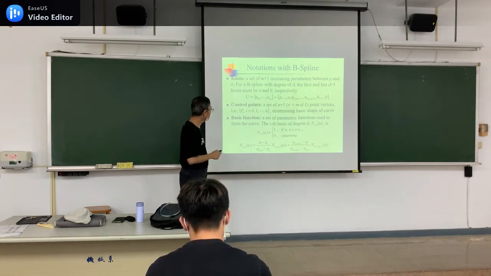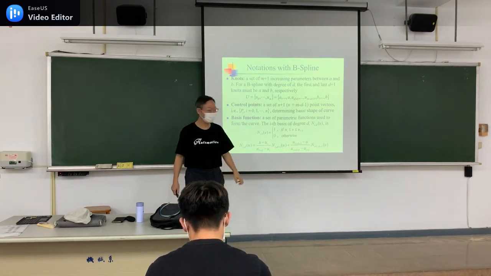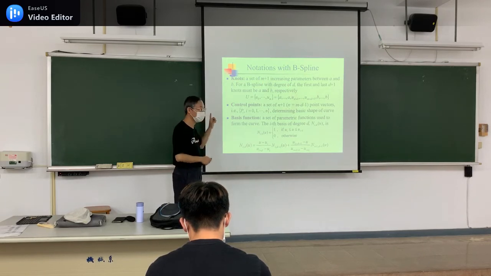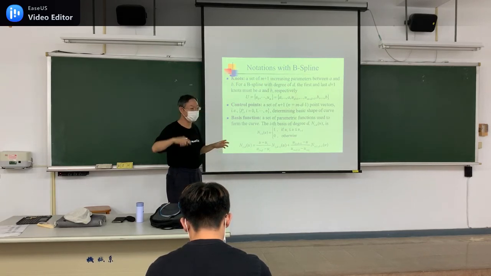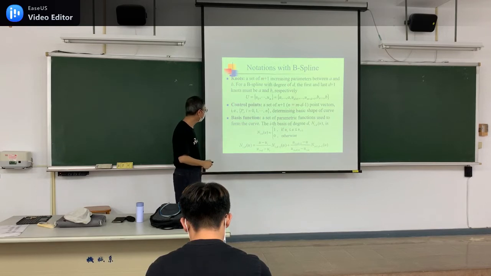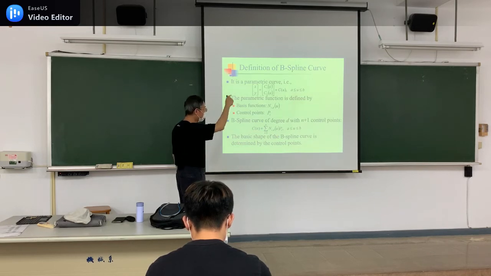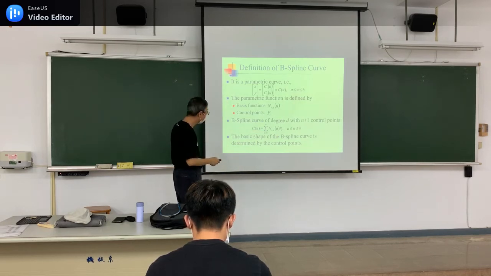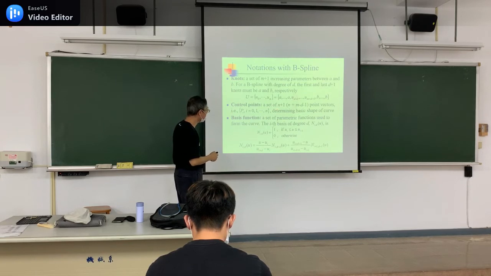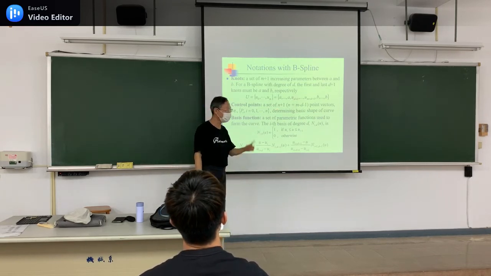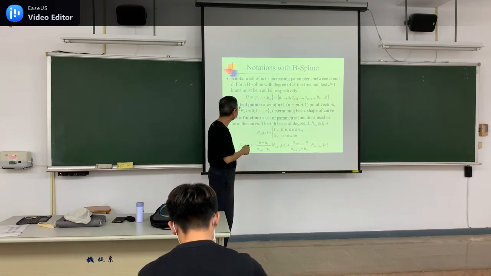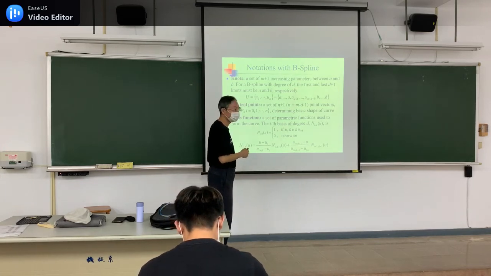n, m, and d. Usually, we will choose control points first to form the basic form, the basic shape. To form the basic shape, we take several control points. So this is the first given. And then, usually, I will take the basis degree first.